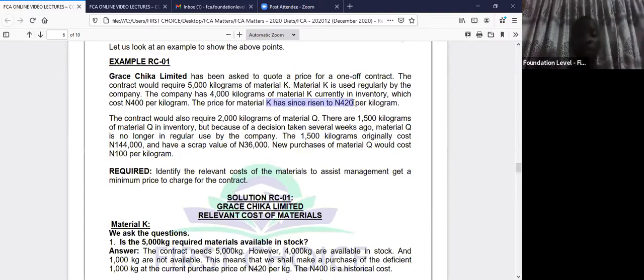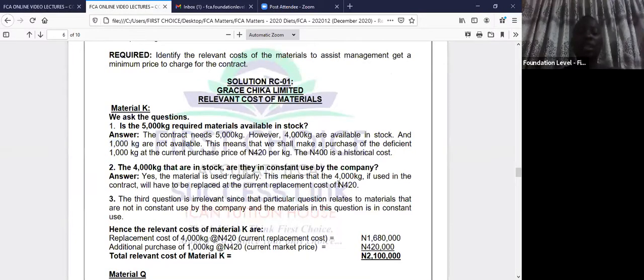It means if you go to the market now, you will buy it for 420. And so the relevant cost is 420 naira per kg, the current purchase price. 400 naira is not relevant. So the 1,000 kg at 420 naira will give you 420,000 naira. Now that is how we handle the 1,000.